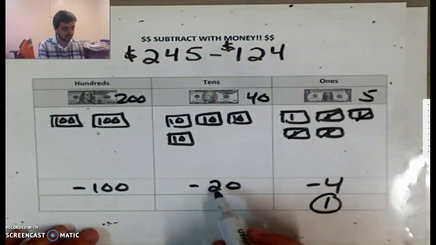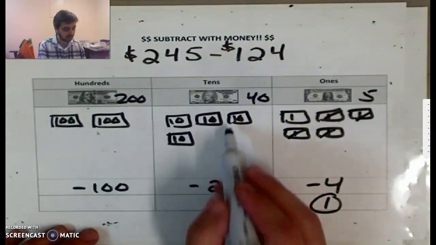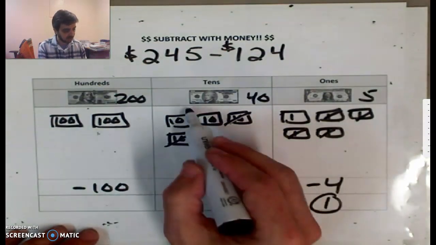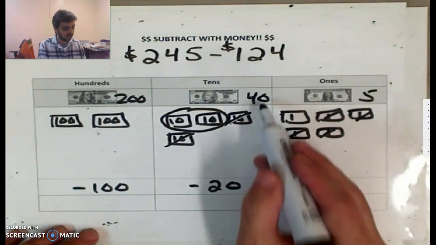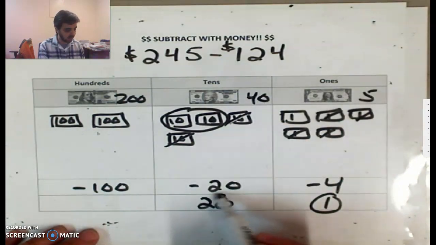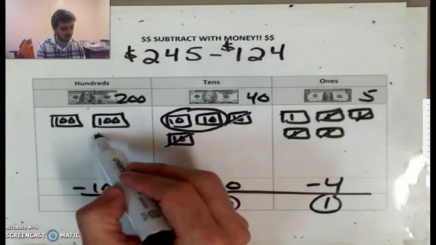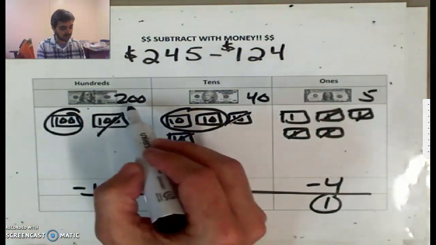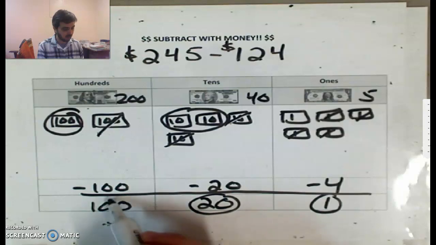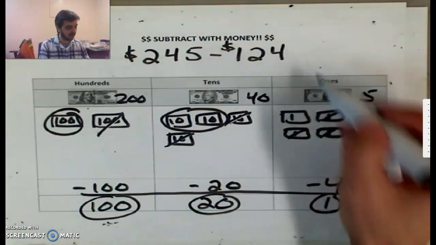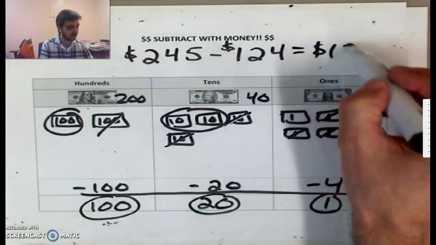If I take away 2 of these 10s, right, $20, I'm still left with 20. 40 minus 20 is 20. Okay, and then over here, if I take away 100, I'm still left with 100. So now I have 121. So the answer is $121.